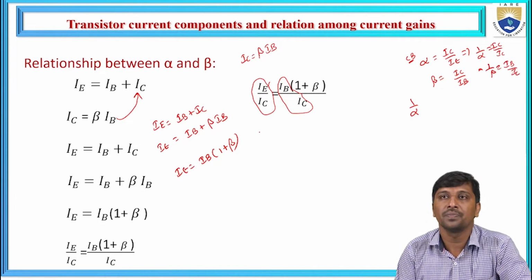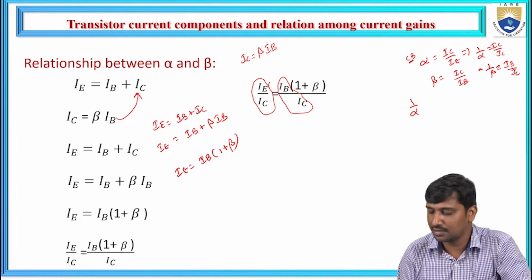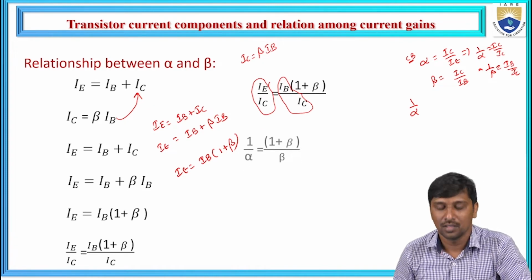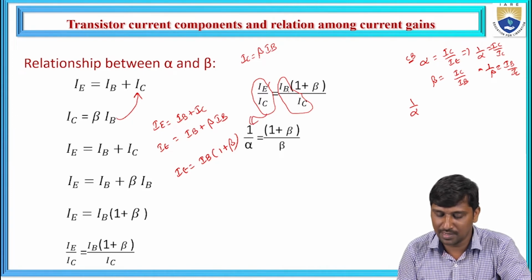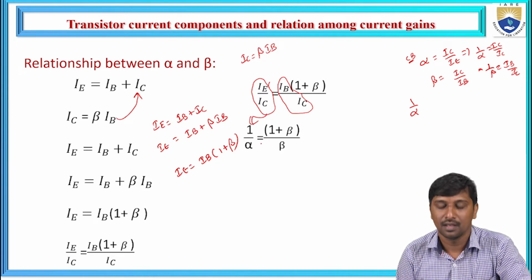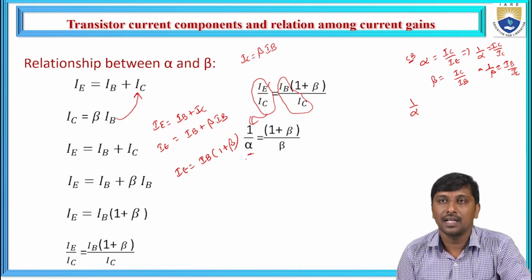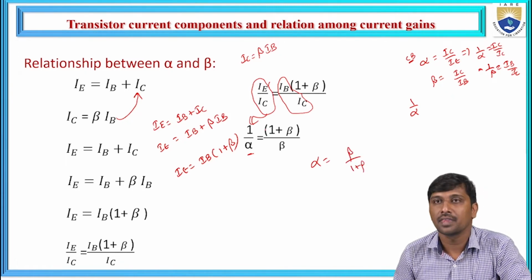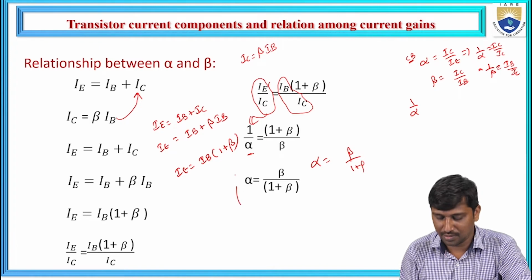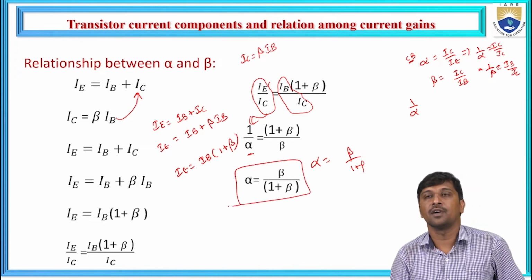Hence I'm going to replace these parameters here. We assume 1 by alpha, hence (1 plus beta) times 1 by beta. Now we require alpha in terms of beta, so I'm going to write alpha as beta by (1 plus beta), just reverting this one. Hence alpha is represented as beta by (1 plus beta).